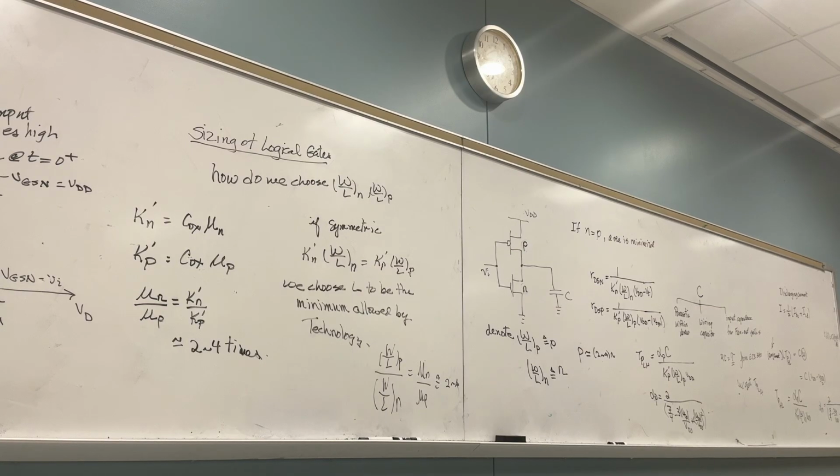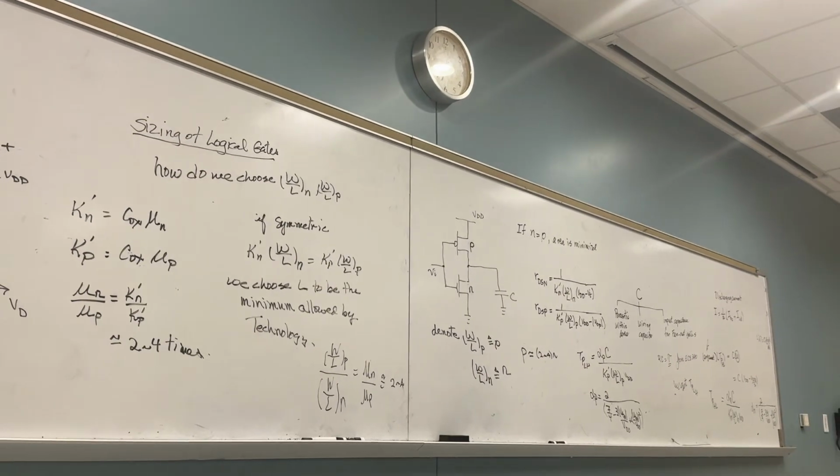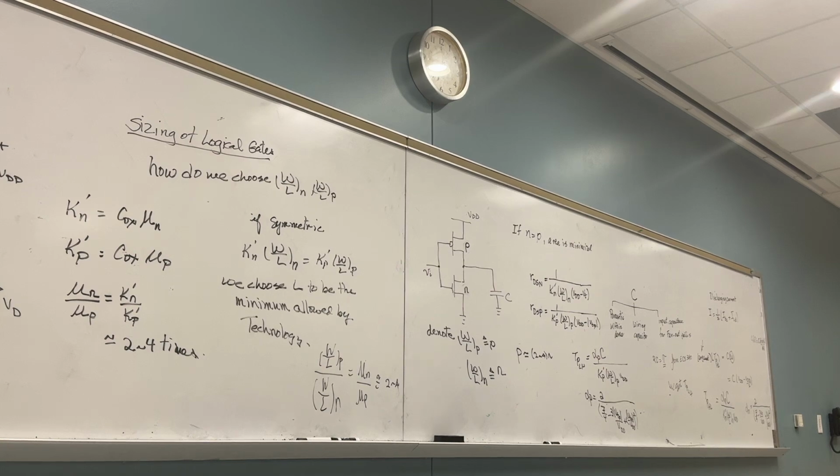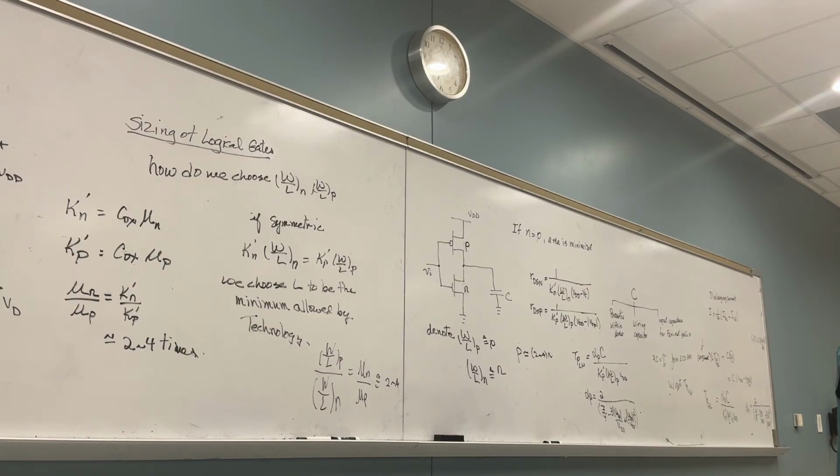Now I need the following. If you are going to design a logical gate other than the inverter, you are going to have at least 2 inputs, and the transistors are going to be connected in what? Remember the PDN and the PUN?